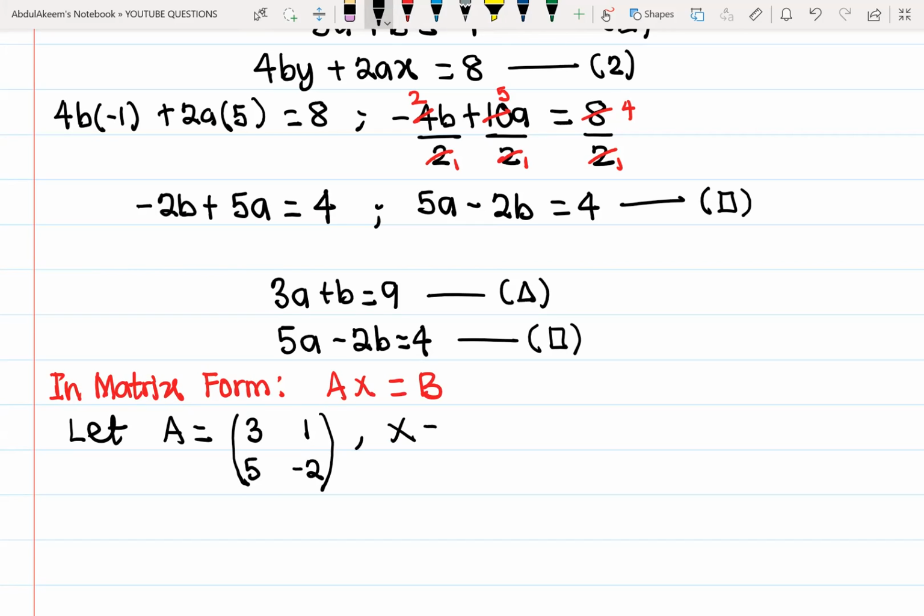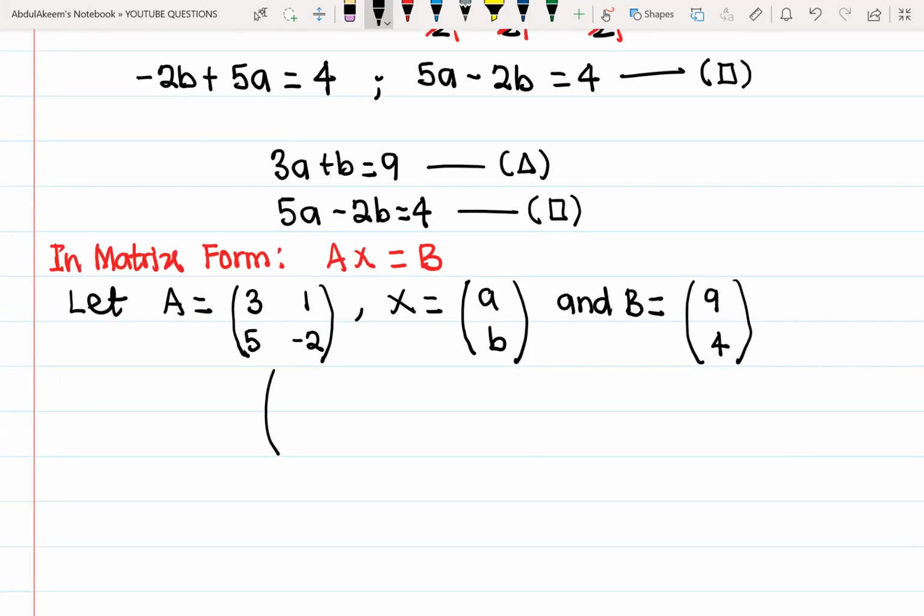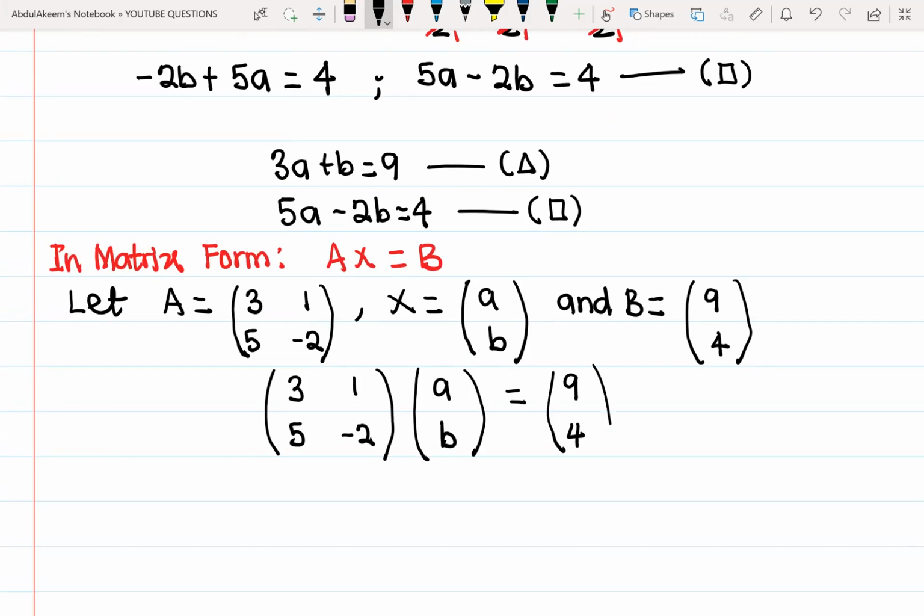Let matrix X be my variables, which are a and b, and matrix B be my constants on the right hand side, that's 9 and 4. So I can rewrite this as the matrix 3, 1, 5, minus 2 times a, b equals 9, 4. So I've been able to write it in matrix form, because that was the first question.